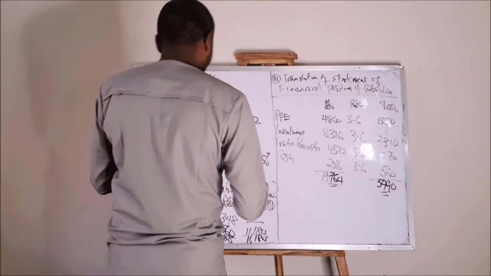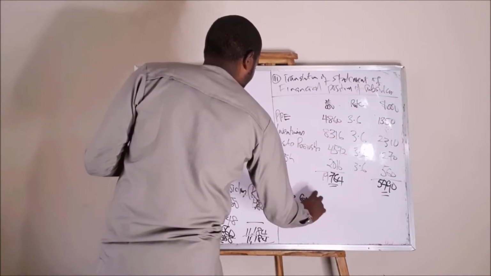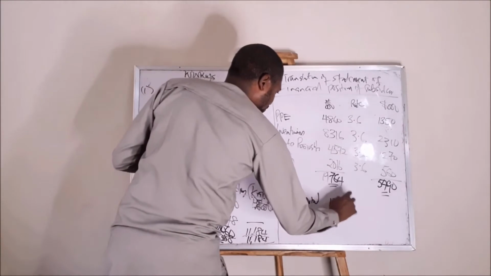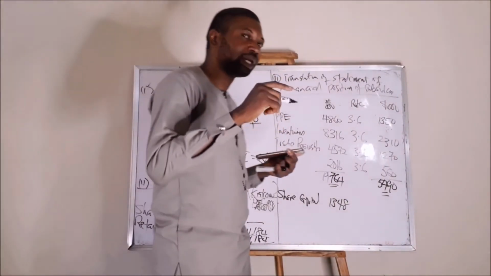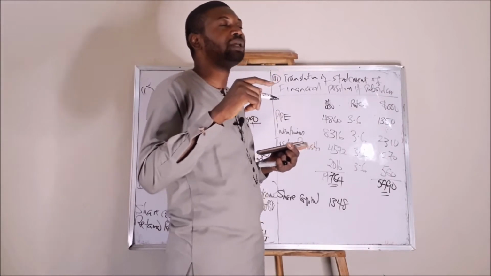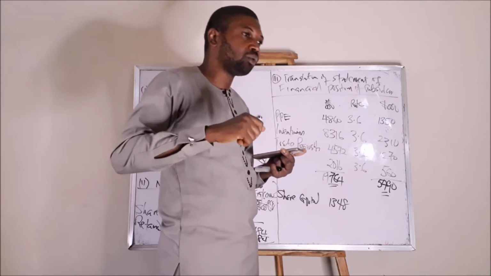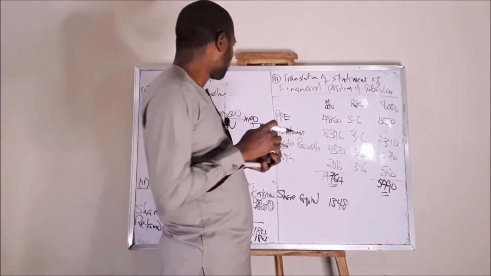For equity, we have share capital with the subsidiary, which is 1348. And I told you, for share capital I use the historical opening rate. Historical opening rate simply means the rate as at the date the subsidiary was acquired.